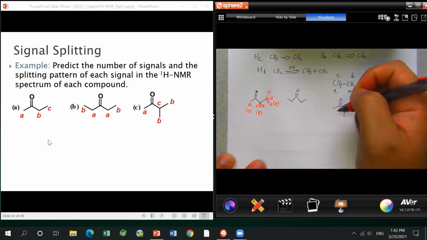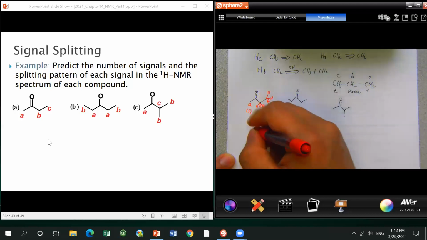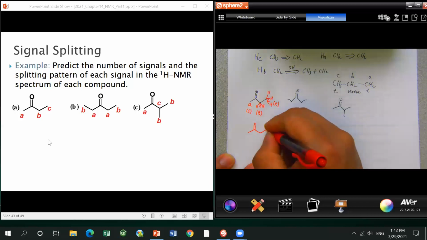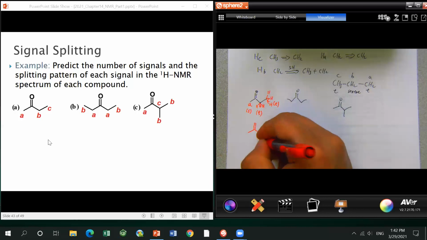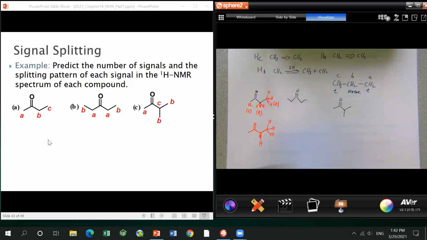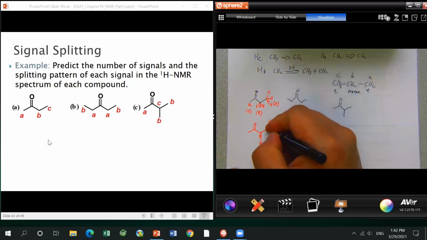B again, we do it this way. Here's B. The B proton can sense the 3 neighboring hydrogens, three bonds away: 1, 2, 3.